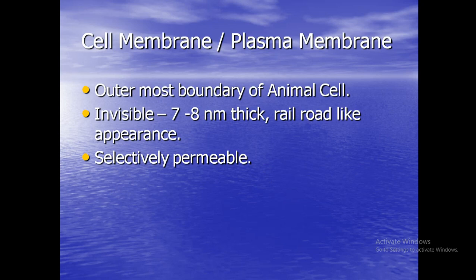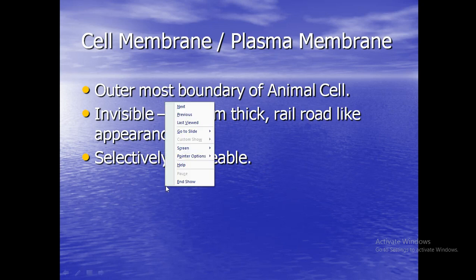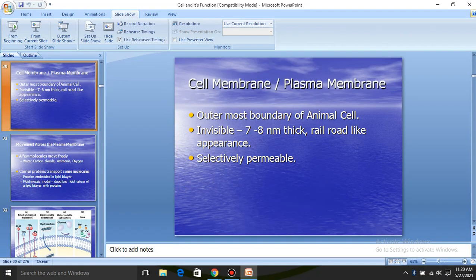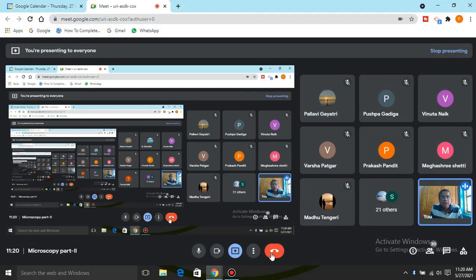The cell is externally covered by cell membrane or plasma membrane in case of the animal cells. So from here onwards, we will be more descriptive because these are the components of animal cell also. So for the time being, I will stop here and we will continue that in the next class.